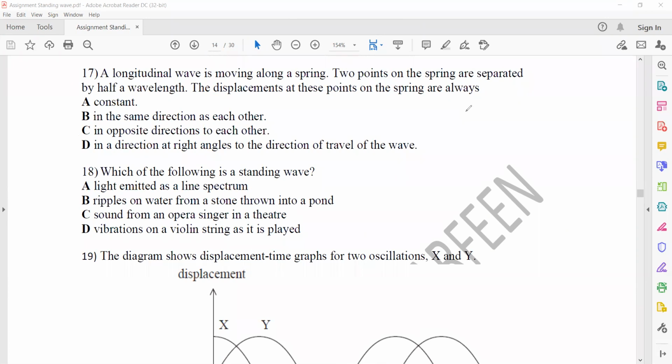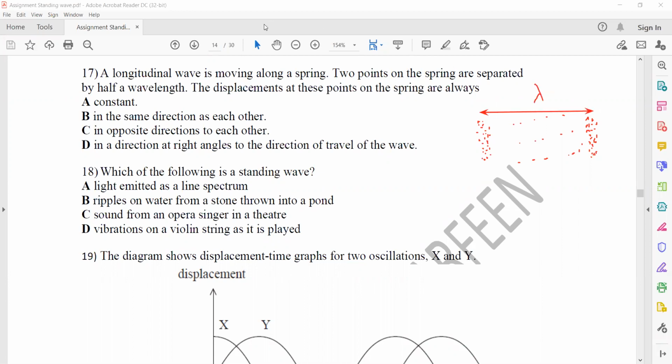Say you have a compression where the particles are closer, then you have rarefaction, and then you have compression. So the total distance between two successive compressions will be equal to lambda.